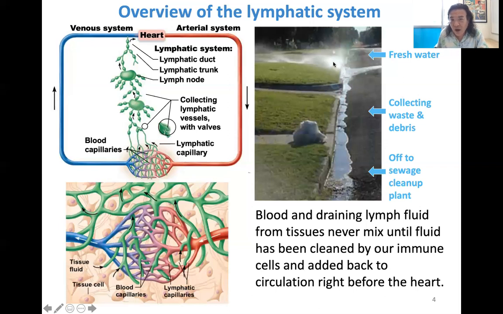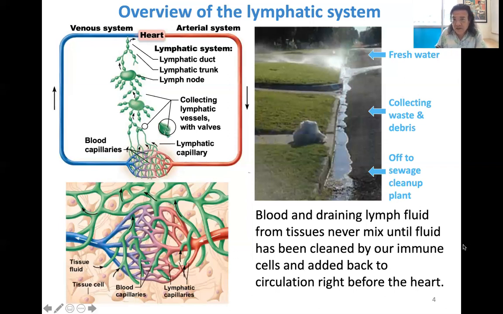Anyhow, the water that comes out of the lawn sprinklers is fresh water. It's not dirty water. It's fresh water that came into the property and now is coming out to sprinkle the lawn. So that's like the fresh water that diffuses out of the capillaries, carrying with it things like nutrients and oxygen.